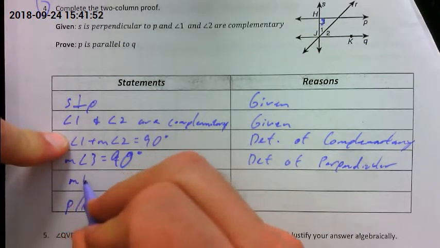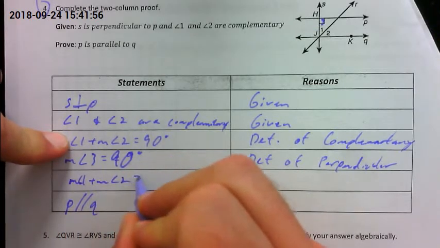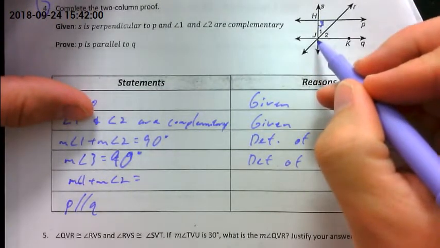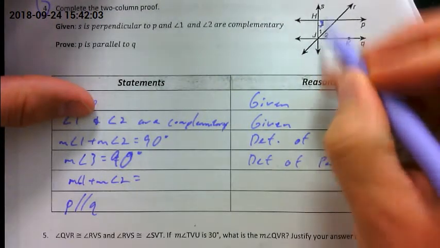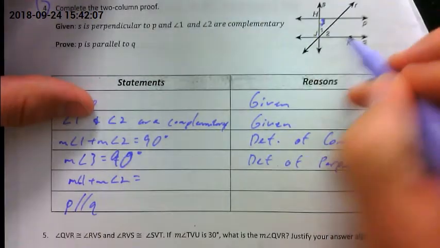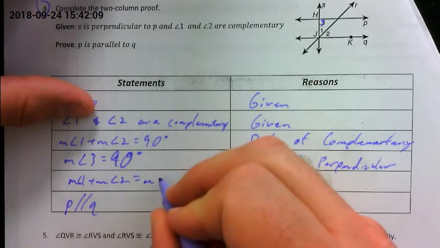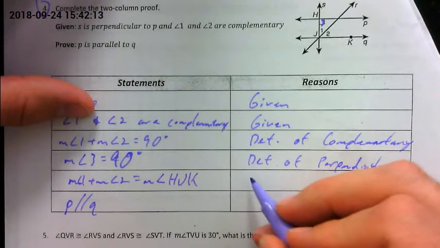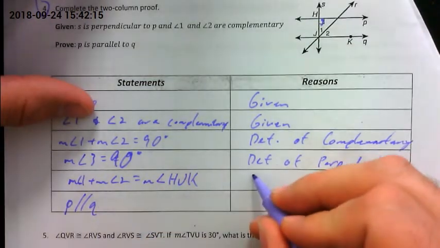So you'd have to say measure of angle 1 plus measure of angle 2 equals this, which we can call HJK, because that would be our angle addition postulate.